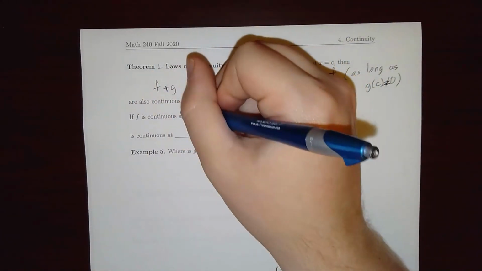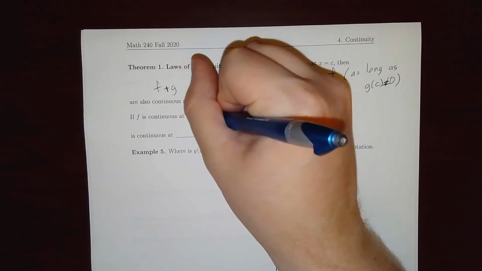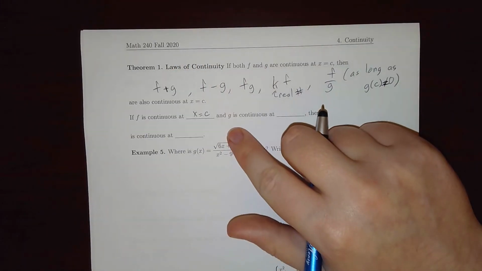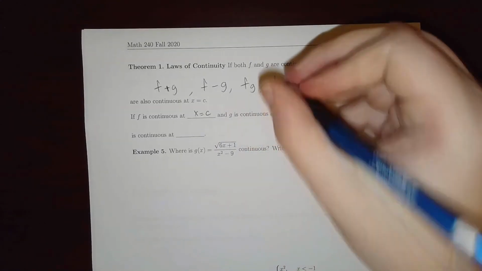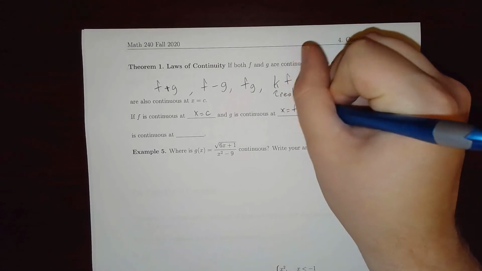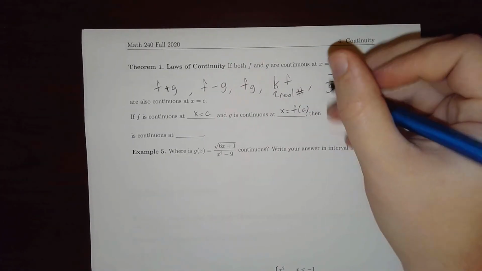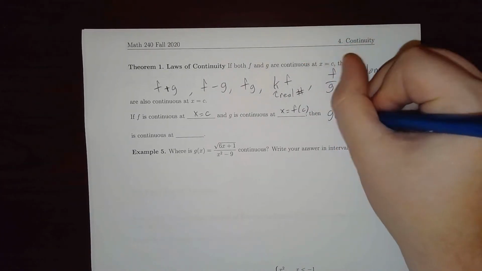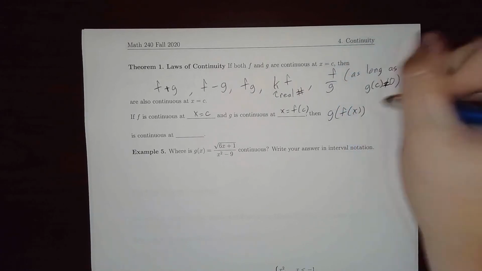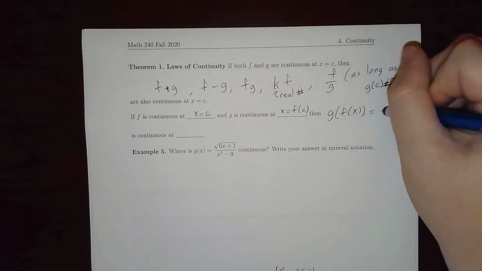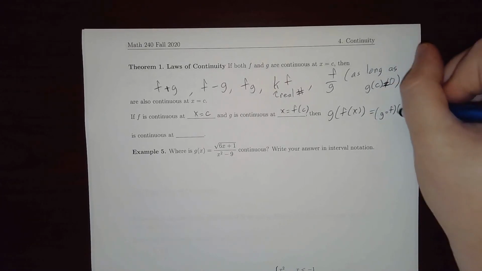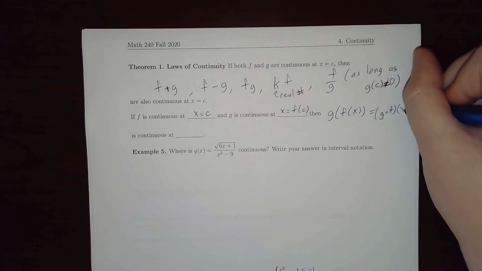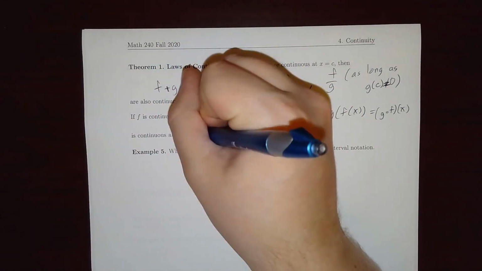Also, if a function f is continuous at x equals c, and g is continuous at x equals f of c, then g of f of x, the composite function, which we could also write as g composed with f of x, is continuous at x equals c.